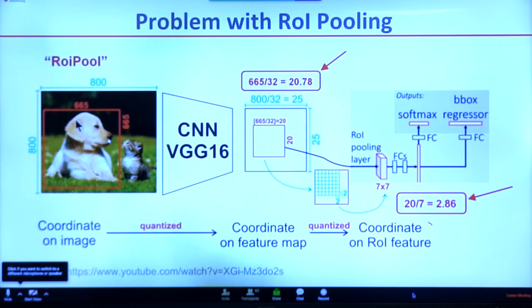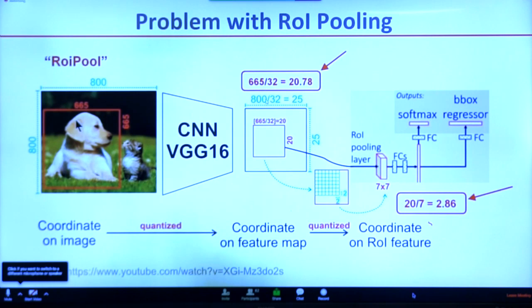This is input to a CNN, VGG 16 for example, and the output will be a fraction of 1/32 of the original image, because VGG 16 shrinks the output because of feature extraction. So the output of the CNN will be 25 by 25 pixels, and if you project this object onto the feature map, it will be 20 by 20.